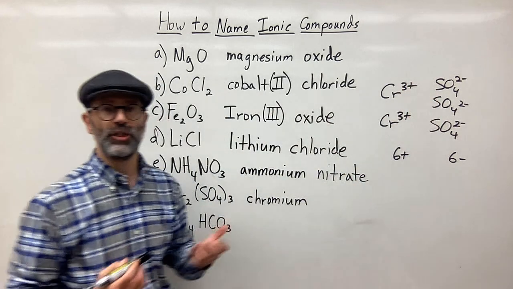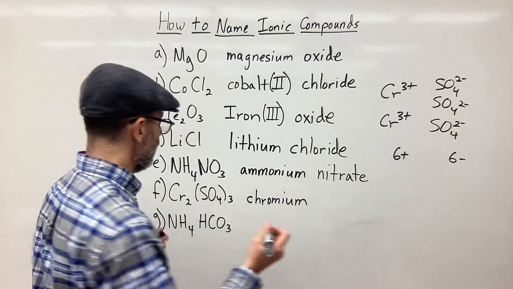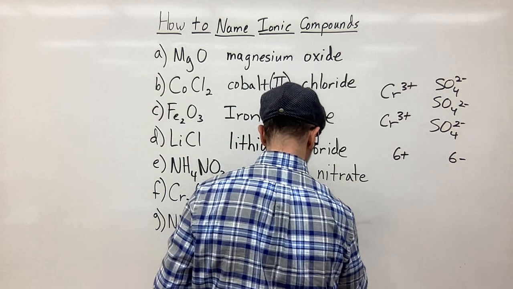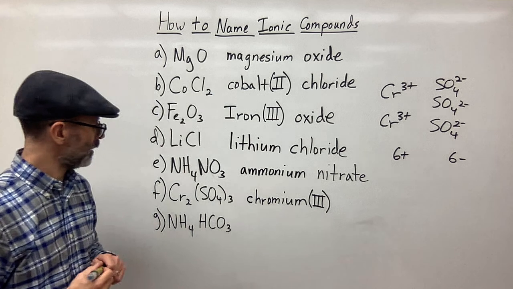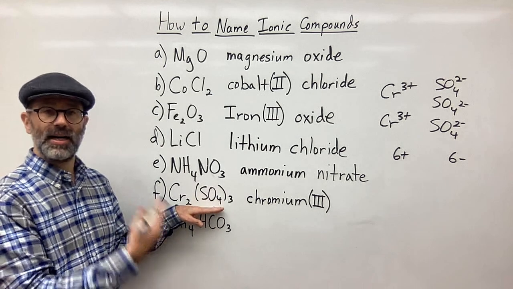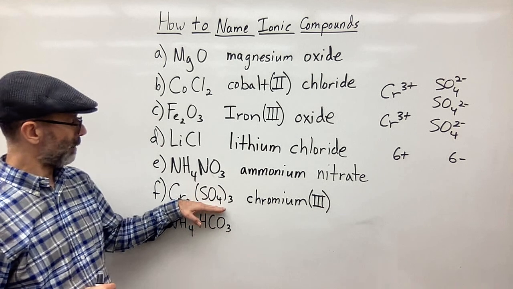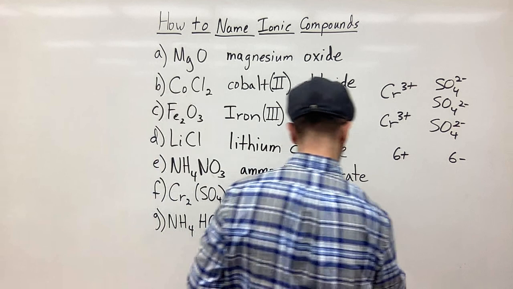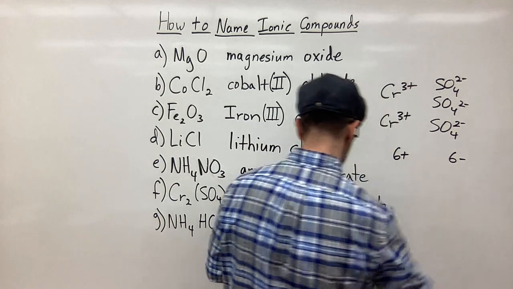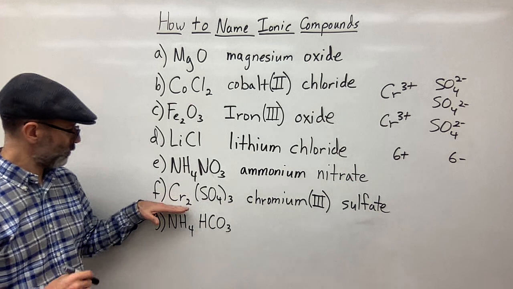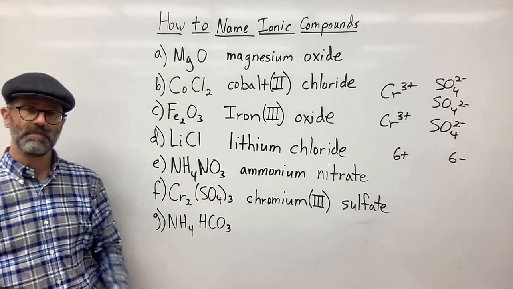So now I know the charge on my chromium, and then that's the Roman numeral 3. So I have chromium(III) ion, and then I just add the name of my polyatomic ion here, which is sulfate. And that is the name of Cr2(SO4)3.